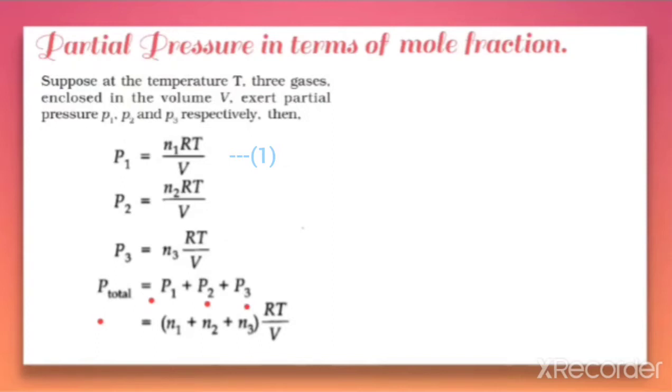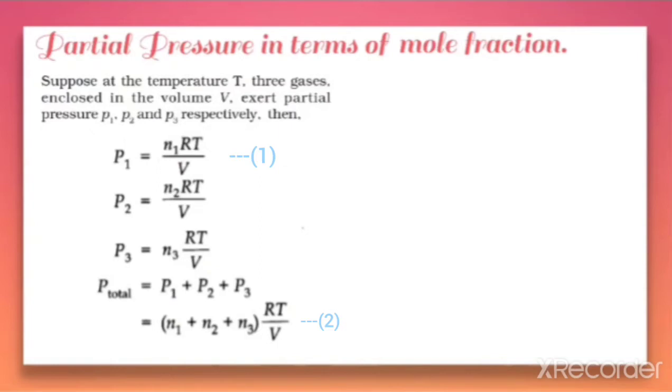When you substitute these values, we get P total is equal to N1 plus N2 plus N3 into RT by V, because RT by V is common in all three equations. So we summed up P1 plus P2 plus P3 and got equation number 2.